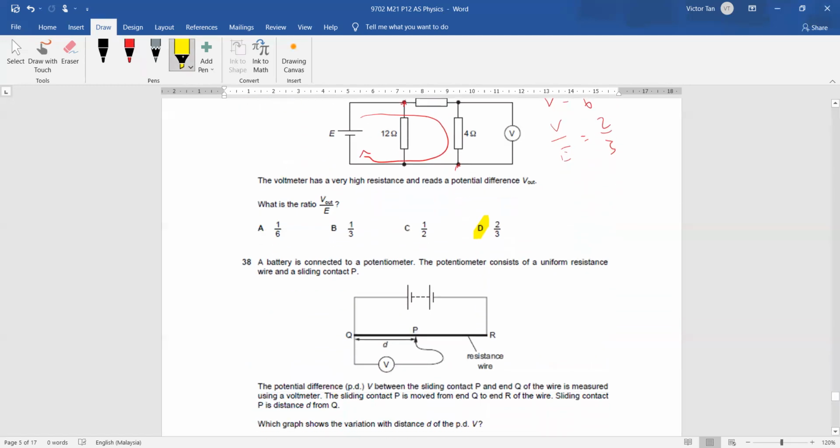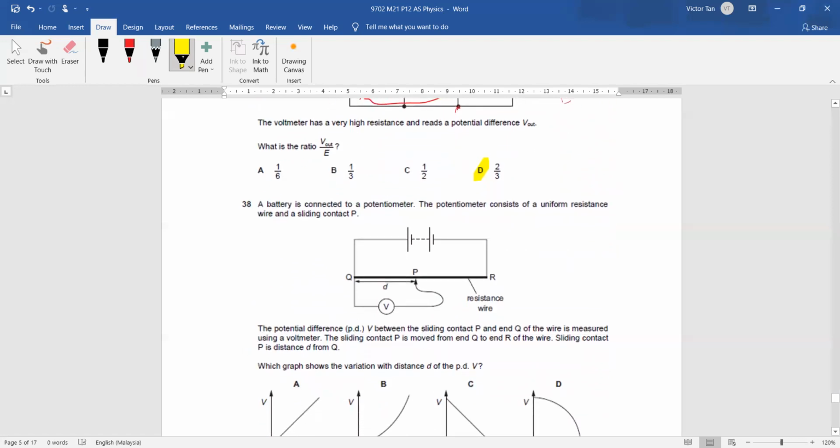A battery is connected to a potentiometer. The potentiometer consists of a uniform resistance wire and a sliding contact P. Potential difference V between the sliding contact P and Q of the wire is measured using a voltmeter. The sliding contact P is moved from Q to R of the wire.